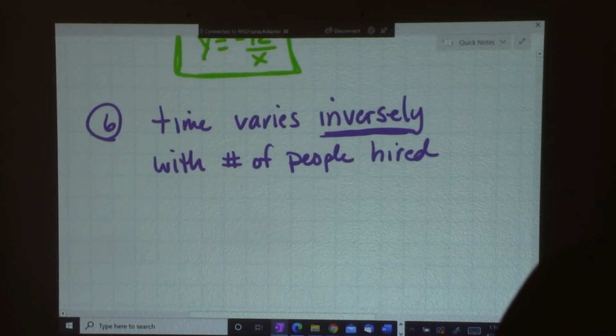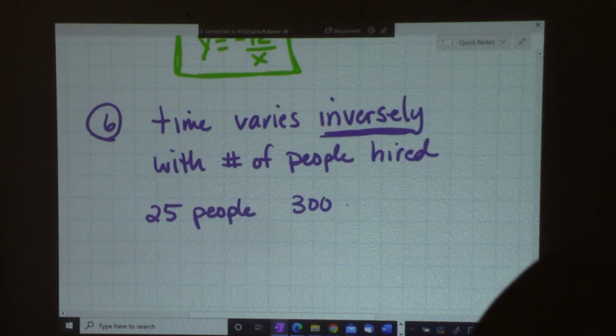So the company estimates that 25 people working for 300 hours can complete the job. Find the work time per person if the company hires 30 people.